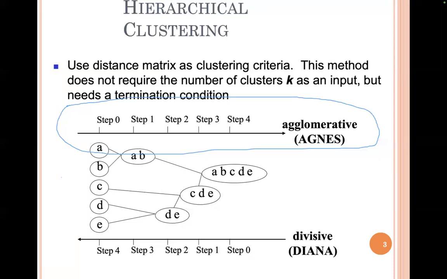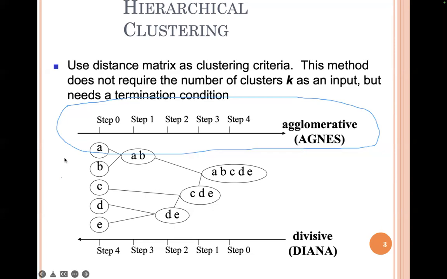In step 0, we have these points A, B, C, D, E. All the separate points we are considering as separate clusters.